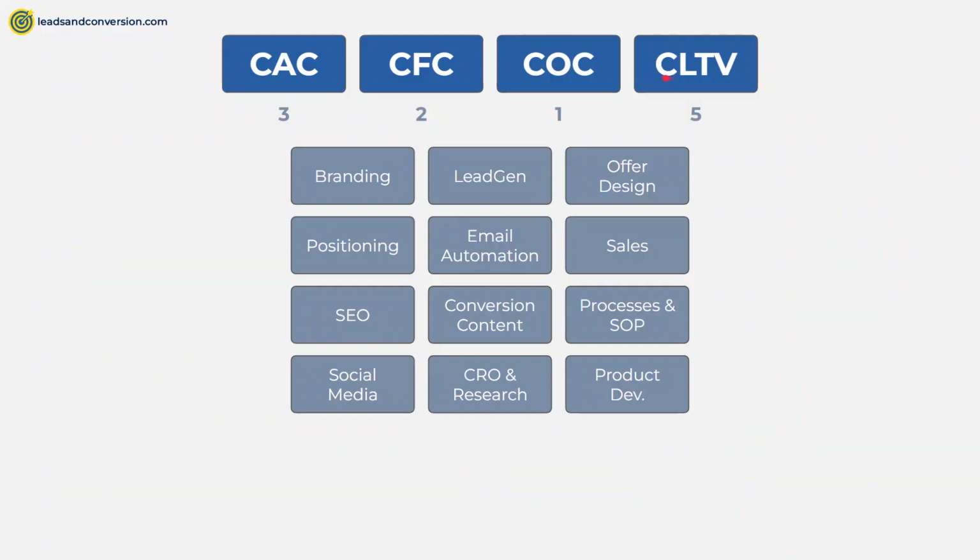Let's move on. So with branding, basically it's a 3. Why? Because what branding does, it goes to change the customer acquisition cost. It creates more trust. So what it does, it makes it easier for you to acquire a customer. It doesn't change at all your fulfillment cost.